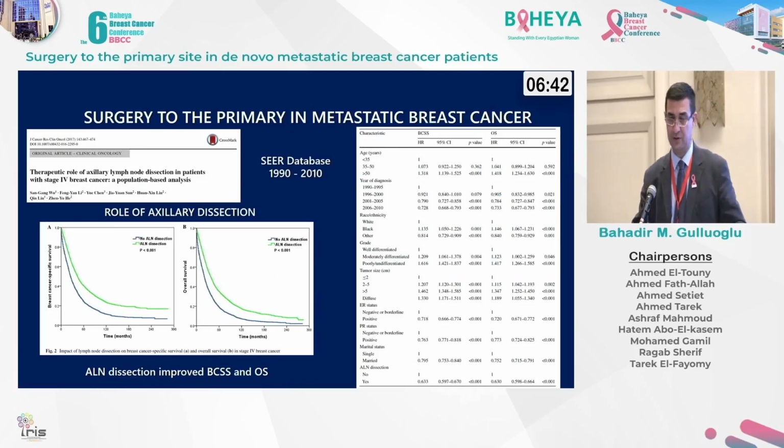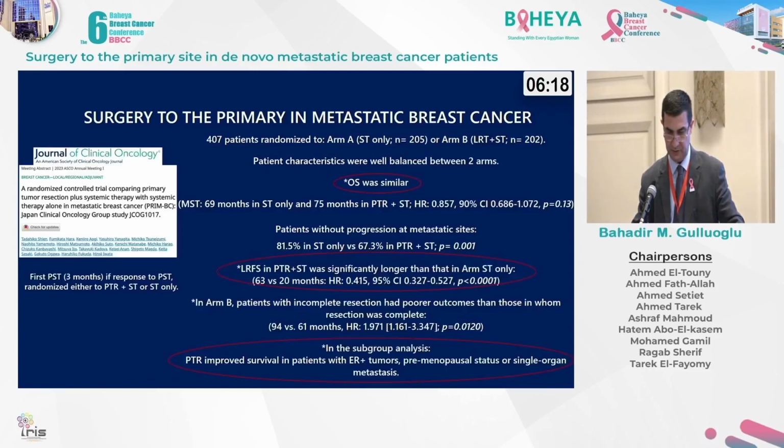Only the Turkish trial included those patients who had either a negative sentinel node biopsy with no axillary dissection, or an axillary dissection in these cases. Again, another study, a population-based analysis from the SEER database, by the Chinese, showed that axillary lymph node dissection improved the breast cancer specific survival and overall survival. The Japanese study was just reported back in June 2023 at ASCO in Chicago, and they also found that the overall survival is similar.